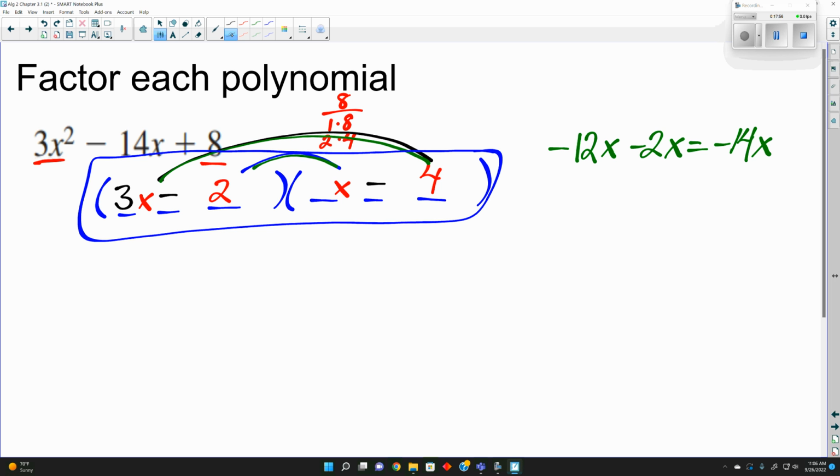Now, is this one here the same as the answer we got? So, are these two the same? Well, yes, because we can multiply any two things in any order. So, any other questions on this here? No, sir. Okay.